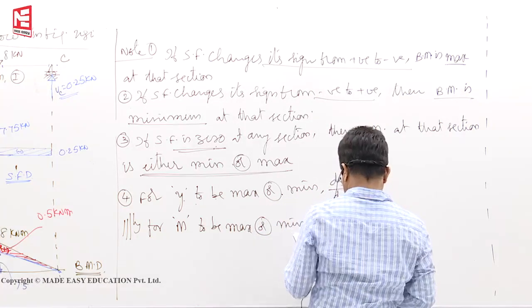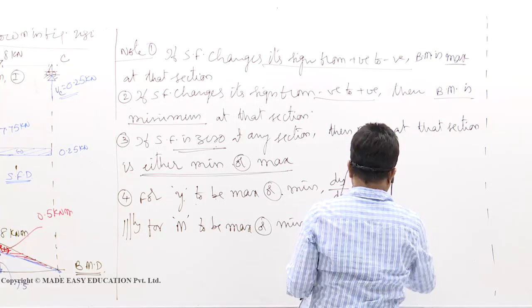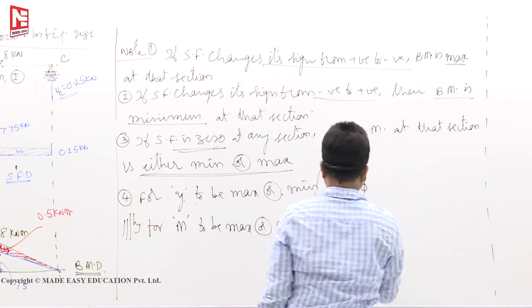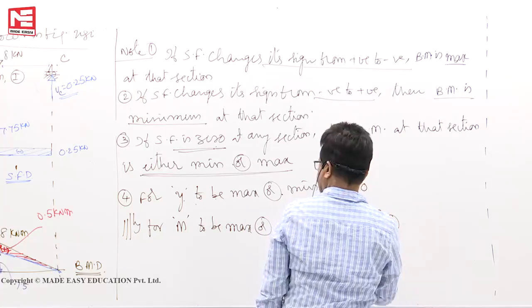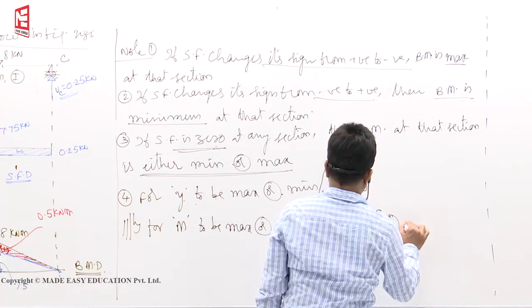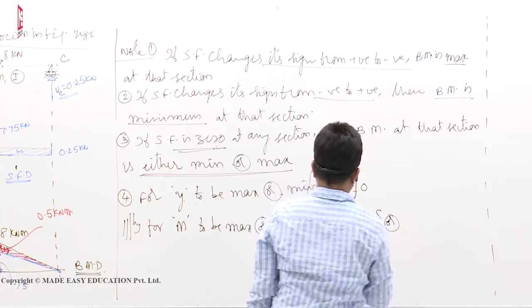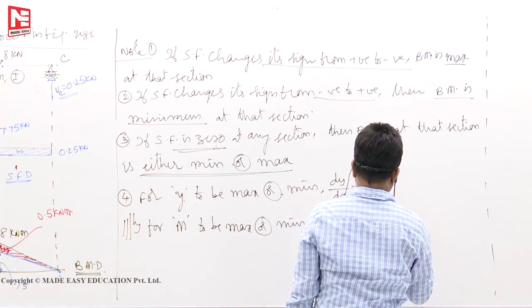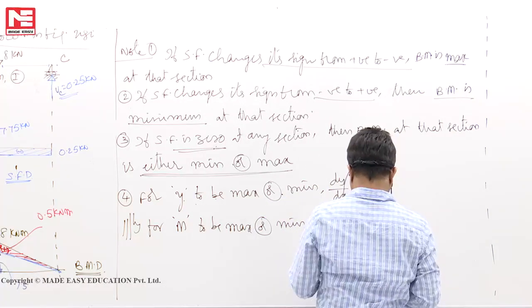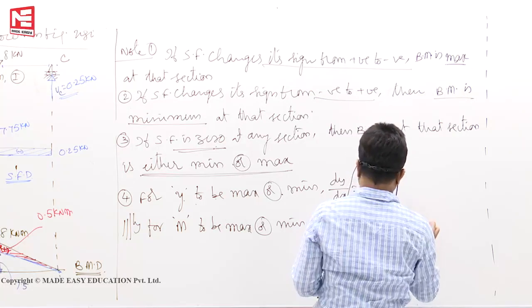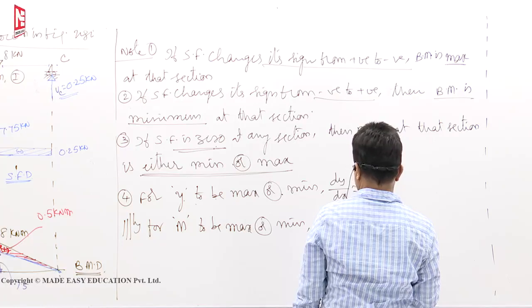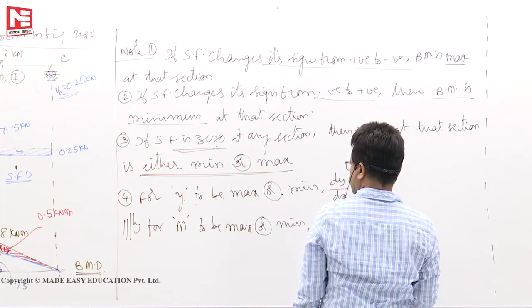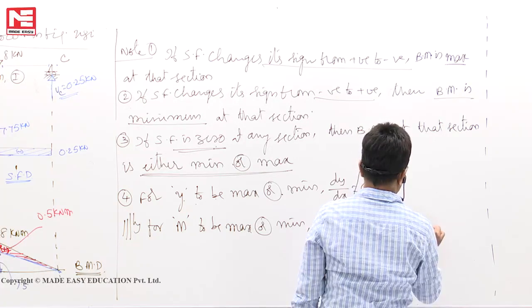So we can say that for M to be maximum or minimum, dM by dx, V, is 0. For M to be minimum or maximum, M should be constant.